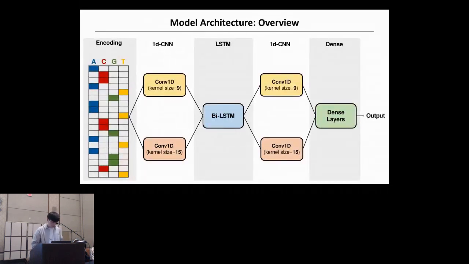First, this is the overview of our model architecture. The input sequence is one-hot encoded. The encoded matrix passes through one-dimensional CNN, bidirectional LSTM, another 1D CNN, and dense layers to obtain the final prediction of gene expression. Let me further elaborate on the role of each component.